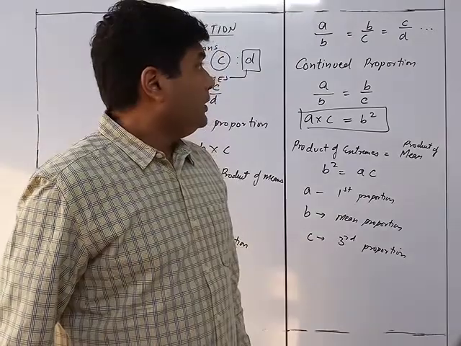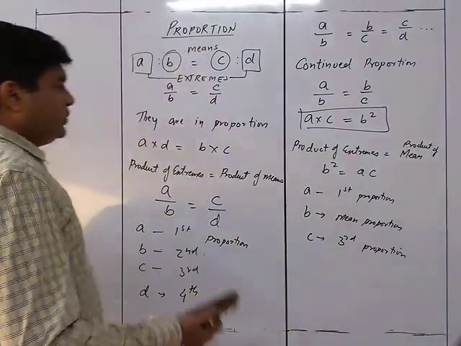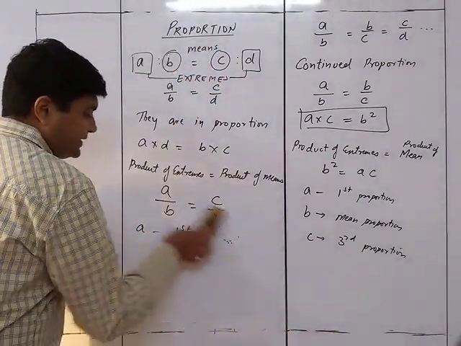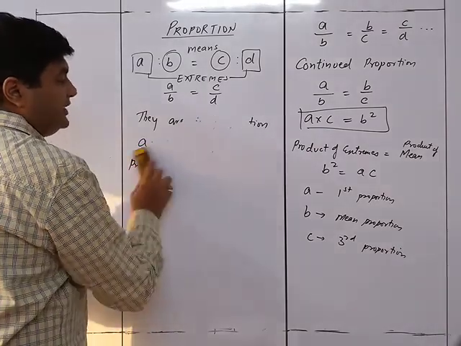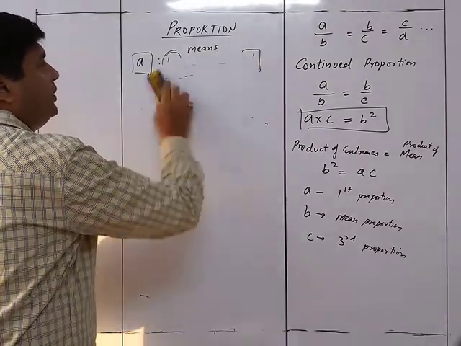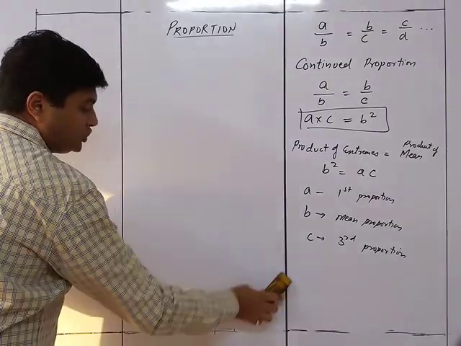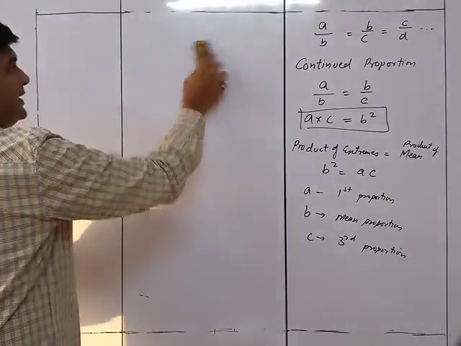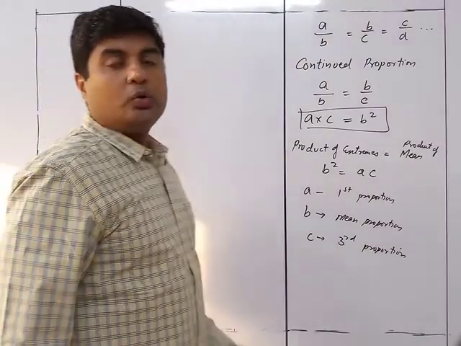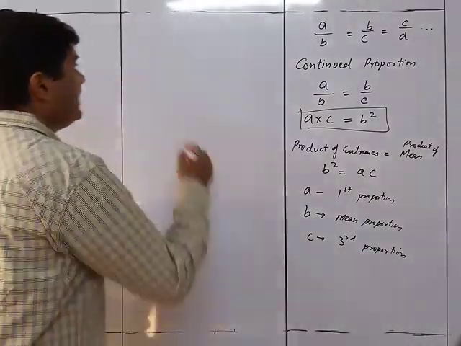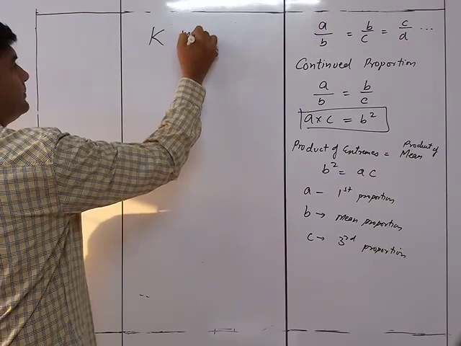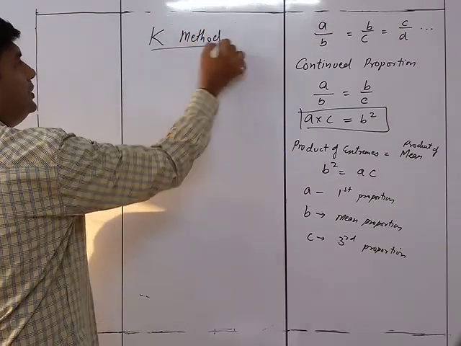Okay. Now, there is one more thing which you need to know, and that is, in many of the cases, especially when you are going to prove that or show that in this particular exercise, you are going to use something which is called the K method. So what is the K method?